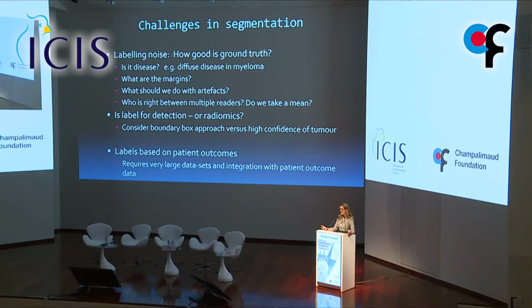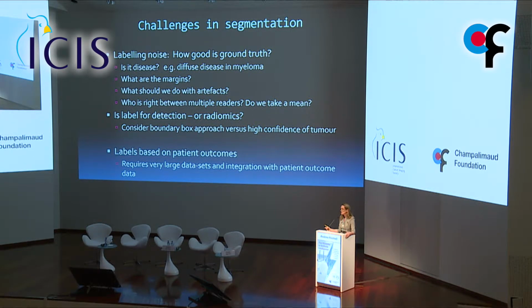Here we have bowel cancer, which can be quite difficult to know where the borders are. We had diffusion, ADC, T2, but sometimes people were uncertain what the border of the tumor was. And for example, another big question mark is, in the patients with myeloma, do we have diffuse disease, or is it indeed healthy marrow? And these are difficult, challenging questions.